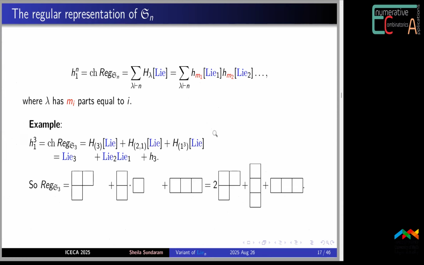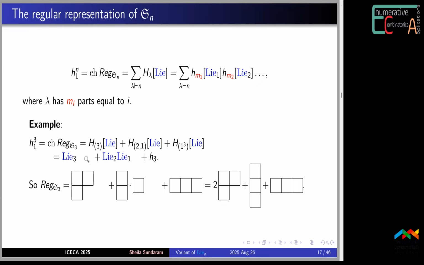Okay, so I just wanted to do one quick computation with the regular representation of S3 and these higher Lie modules. So if I did H1 cubed, the 3 partitions of 3 are just the one part 3, and then 2 and 1, and then 1, 1, 1. And if I compute the higher Lie modules, so again, I'm computing symmetric functions here.